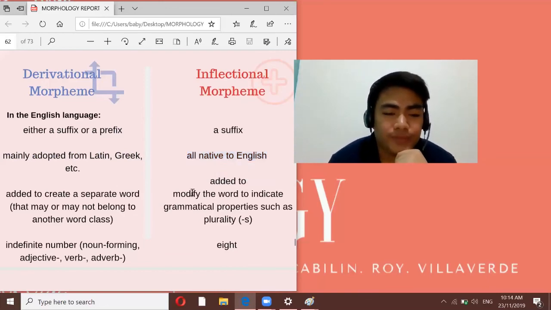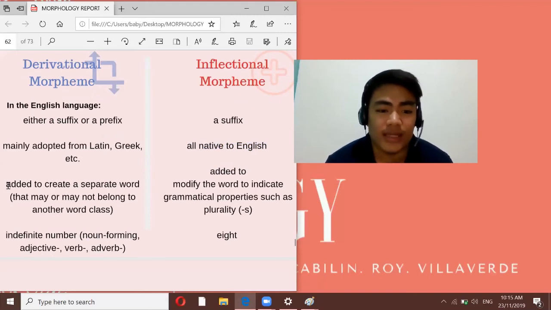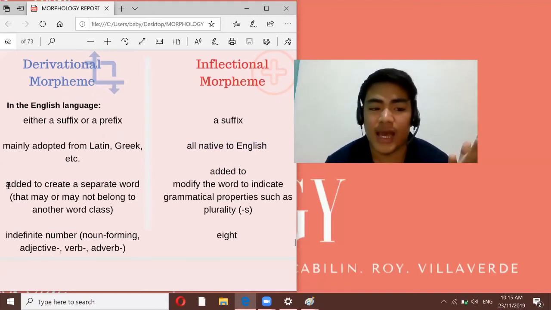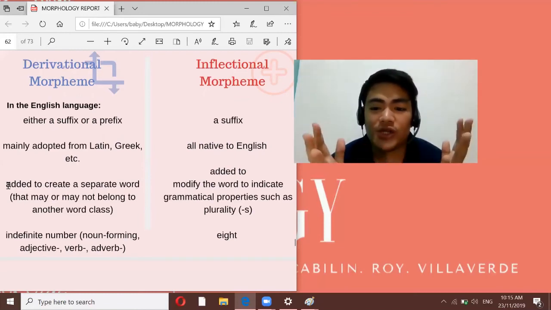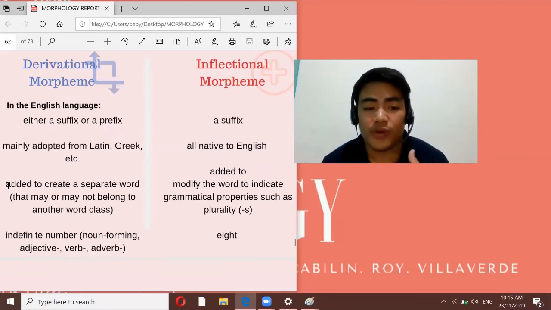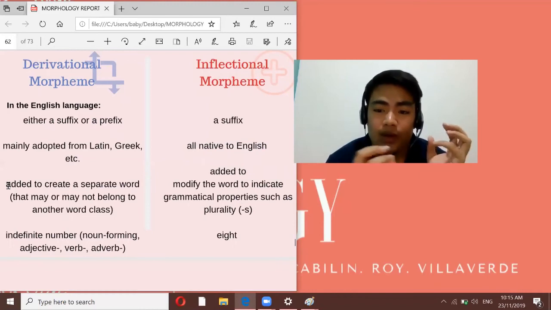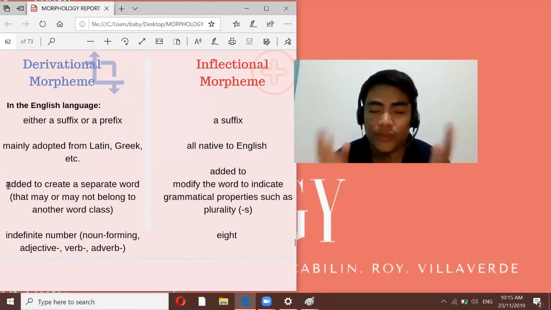Okay, so the third point is this: derivational morphemes are added to create a separate word. This part tells us the function of derivational morphemes. The function is to derive another word, an entirely different word from the original word. So for example, we have the word happy.